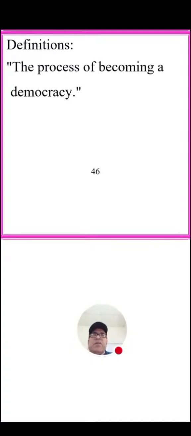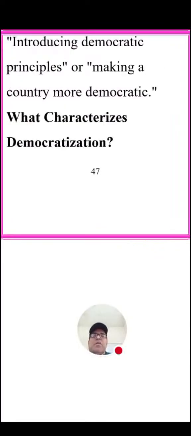Some definitions of democratization. Democratization is the process of becoming a democracy. It means introducing democratic principles or making a country more democratic. The main difference between democracy and democratization is that democracy is a phenomenon or a system, while democratization is a process, just like modernity and modernization.